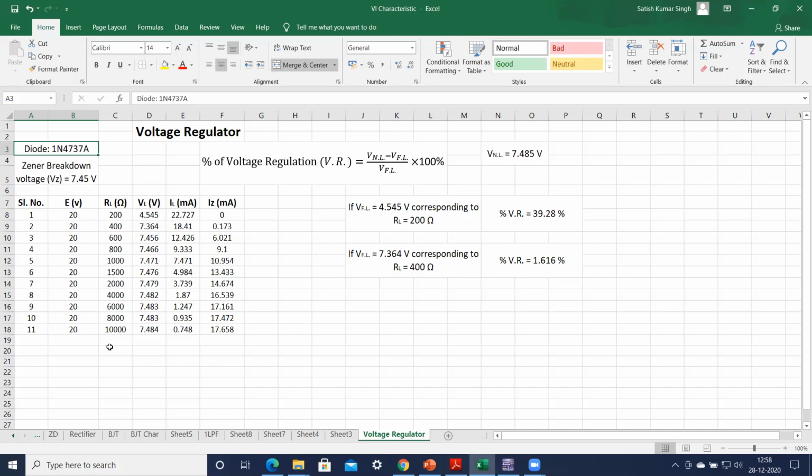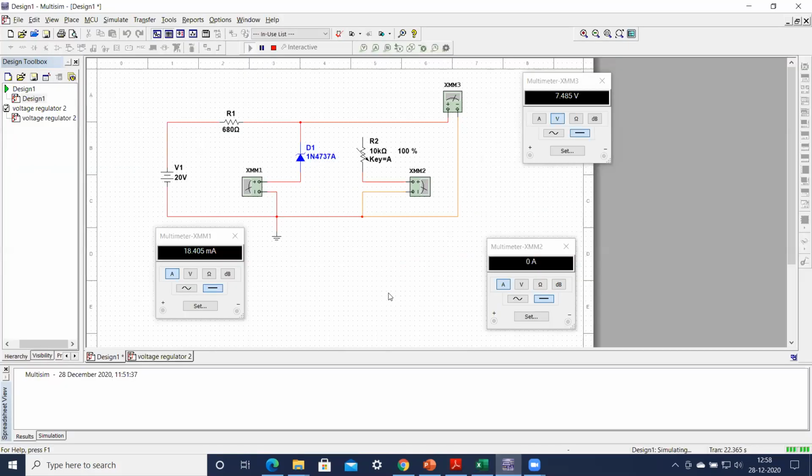To understand the concept of a voltage regulator, lots of loads may be connected in parallel. Let us say a total of 5 loads are connected in parallel, and all the loads offer a certain amount of resistance or impedance.